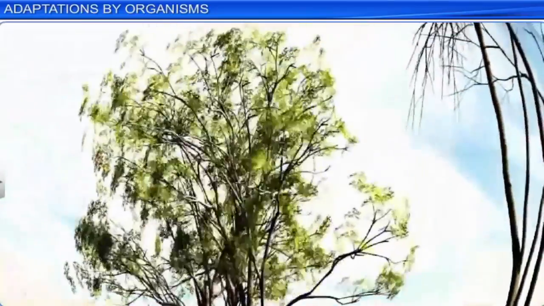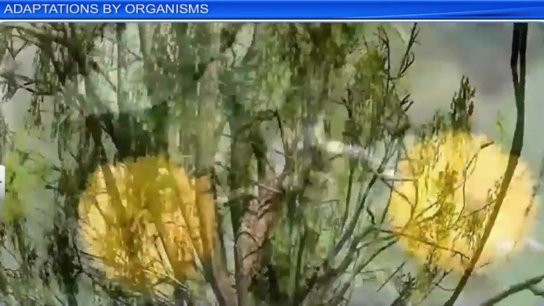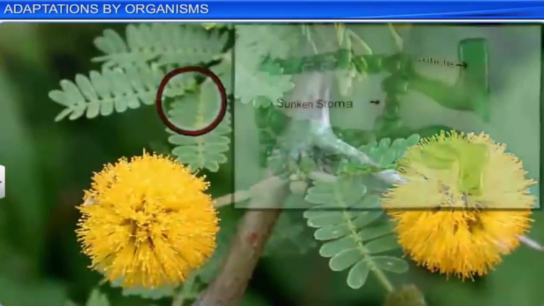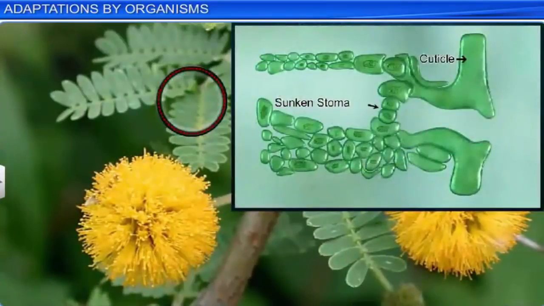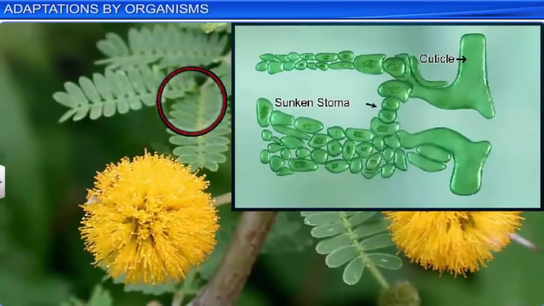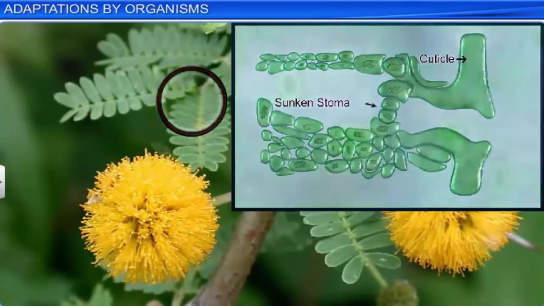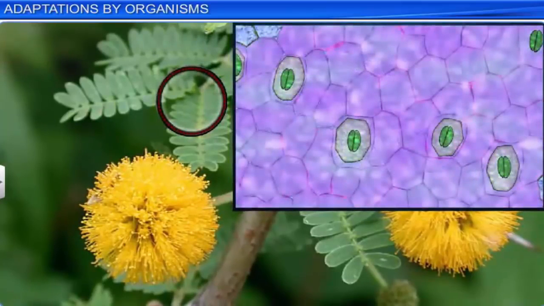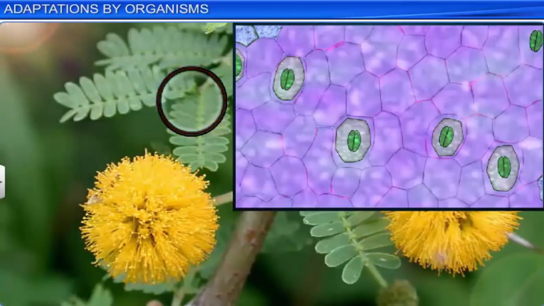Similarly, many desert plants have a thick layer of cuticle on their leaves with their stomata embedded in deep pits to reduce the loss of water through transpiration. These plants have also adopted a special photosynthetic pathway called CAM, or crassulacean acid metabolism, which enables their stomata to remain closed during the day.